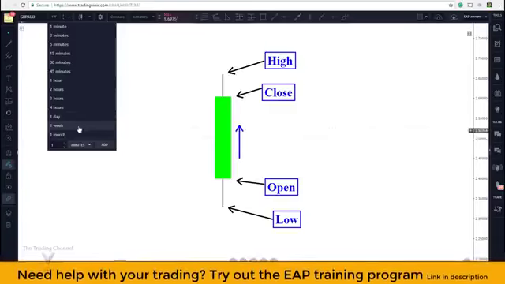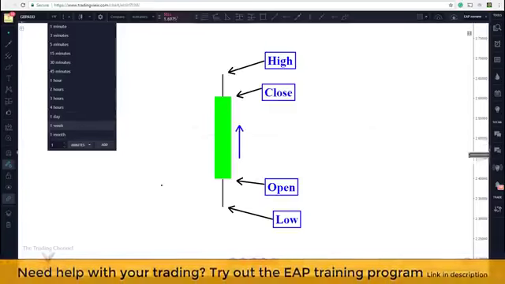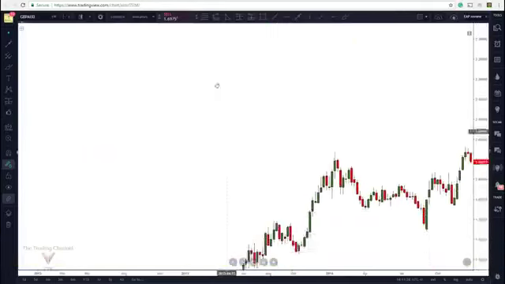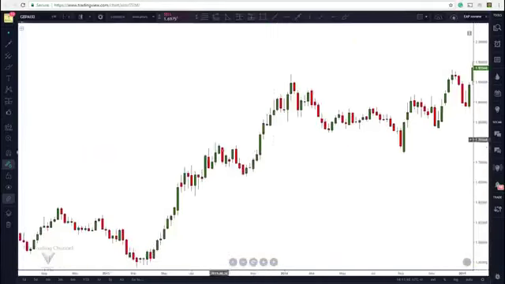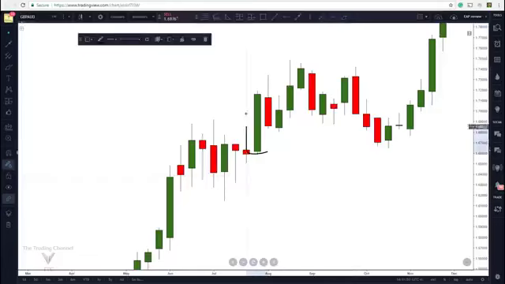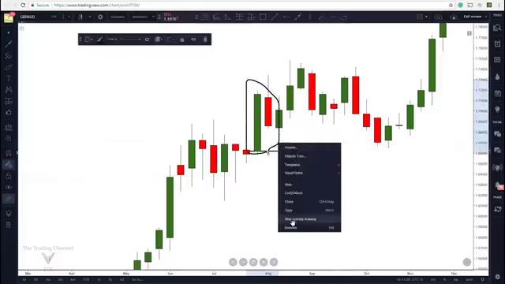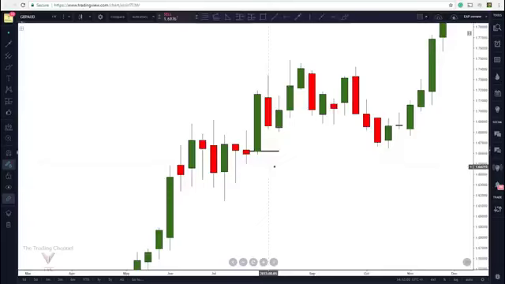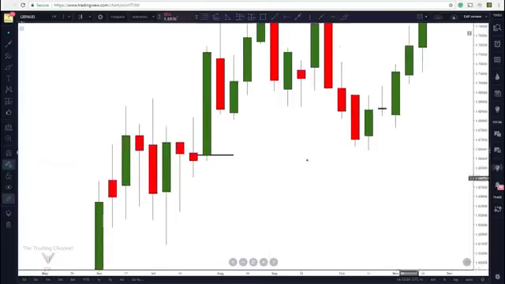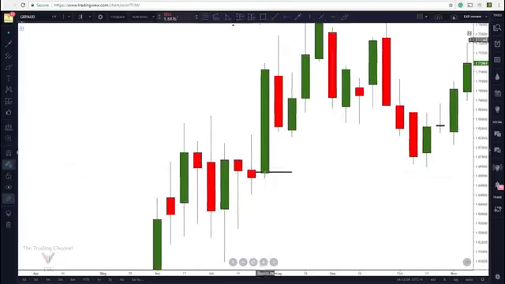So currently we're on a 1 week chart. That means that when we scroll down the chart here, each one of these candlesticks represents a full week of price action. For the green candlesticks, we have a full week of price action that started at the open or the bottom of the green candle. We have price action in between represented by these wicks coming down to the low and moving up to the high.